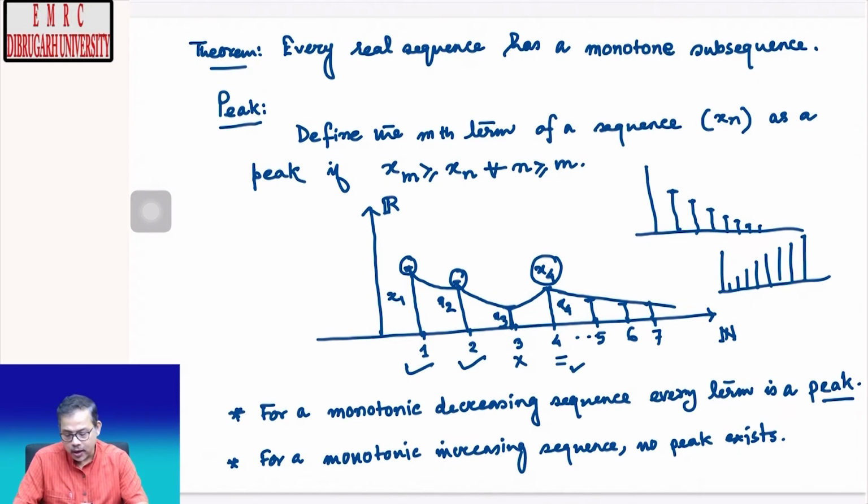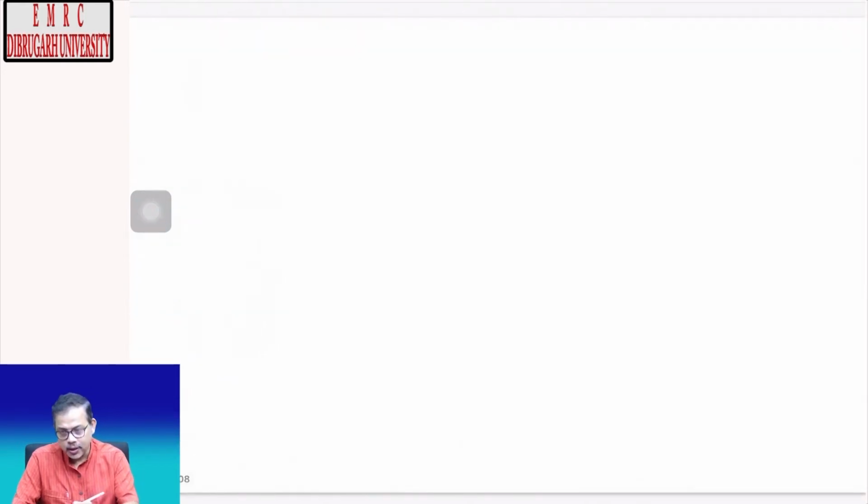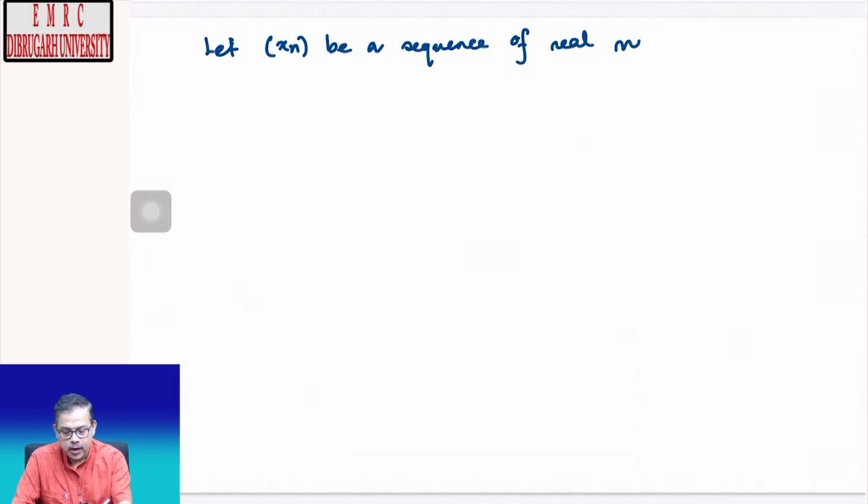Okay. Now, coming back to the proof of this theorem, where we have to show that every real sequence has a monotonic subsequence, we are going to use this concept of peak. Now, let xn be a sequence of real numbers.